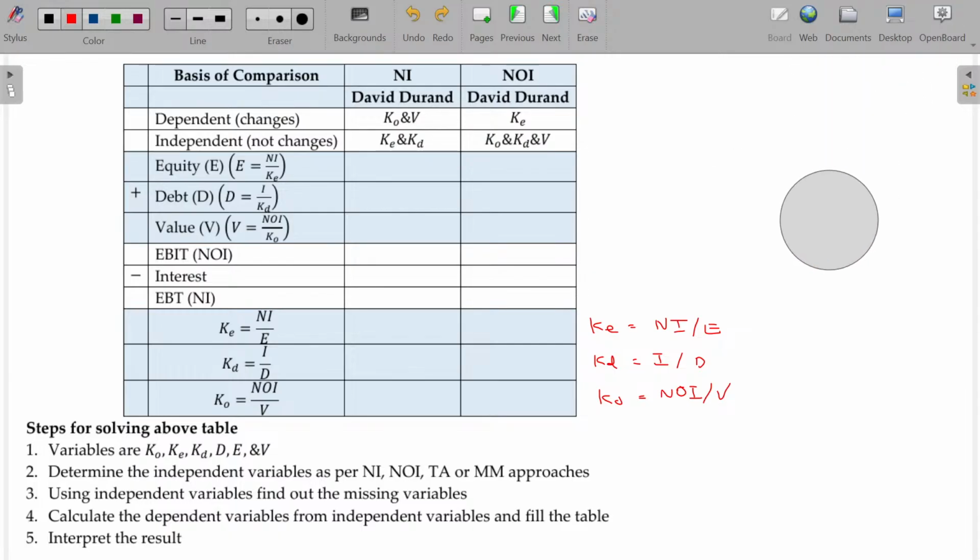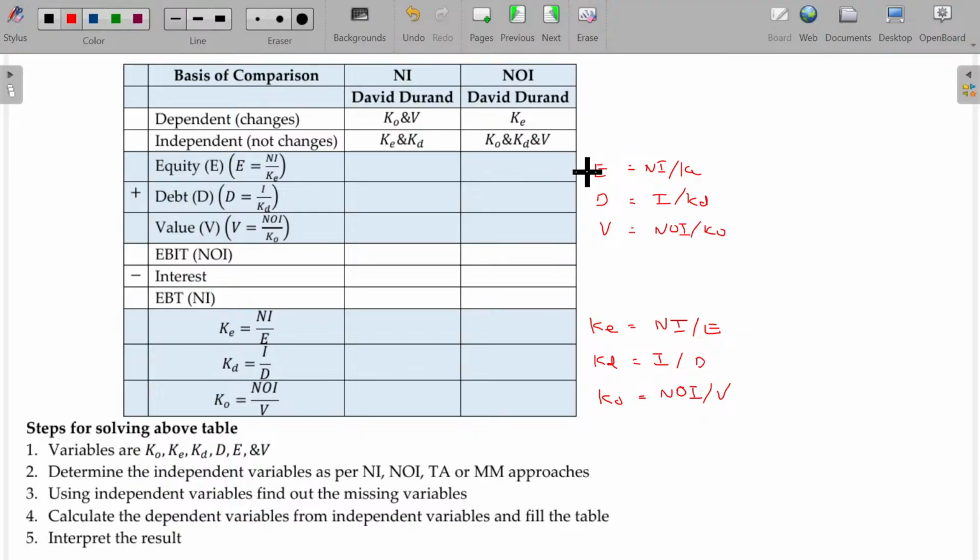Now, come on, tell me, what about the equity? You write the formula in the inverse way. Equity is equal to NI divided by KE. Then debt is equal to I divided by KD, and V is equal to NOI divided by KO.